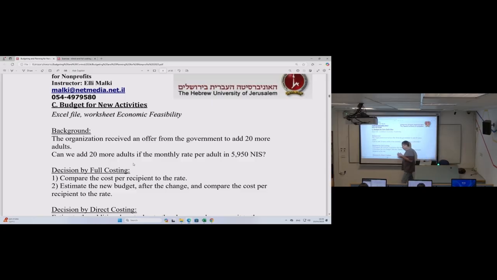Okay, again, to get you back to context, usually in the non-profit world we have two dimensions. We have the social or the goal consideration. What should we do to increase our ability to achieve the social goals of the organization? And we have a kind of orthogonal consideration, which is the economic consideration.